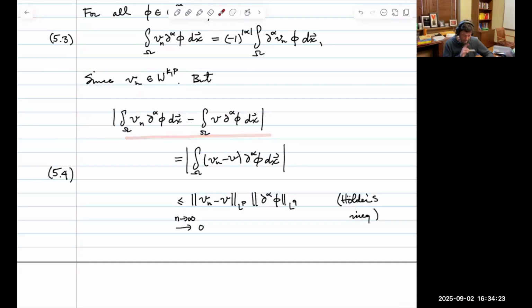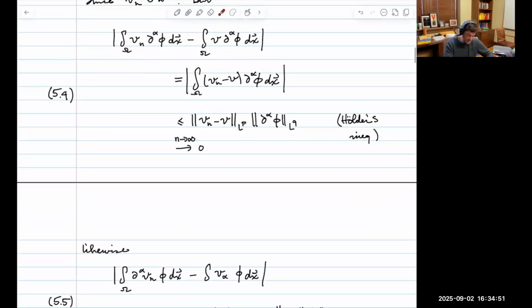This is the difference of two integrals. Part of the integrands are exactly the same, partial alpha phi. So I'm going to combine this into a single integral and use the linearity of the integral. That just gives me that term. Now I'm going to use something called Holder's inequality, and I think you've probably seen a version of it before.